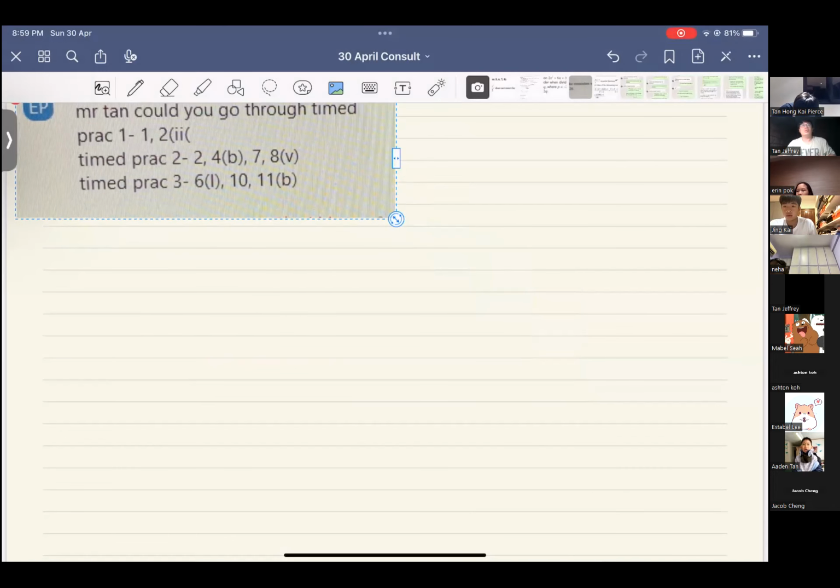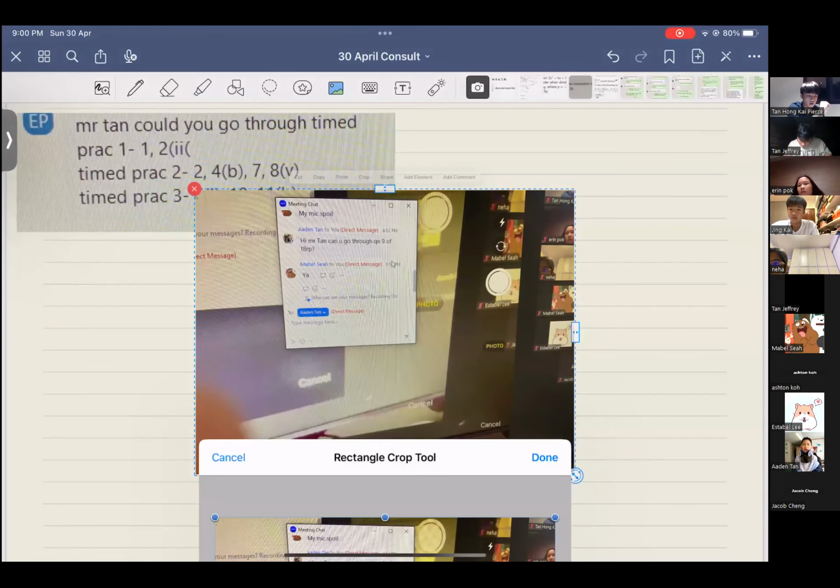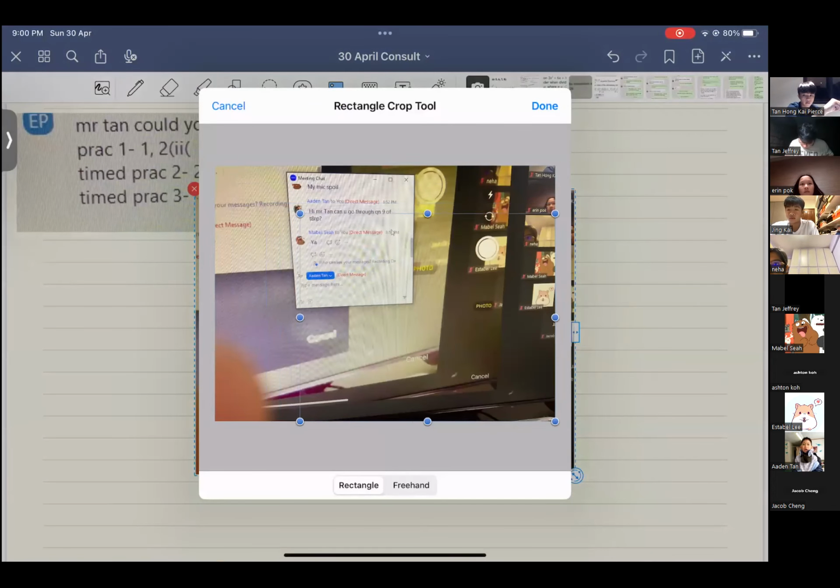Okay, time prep 2. Okay, topic 7, assignment. Wow, assignment. Now don't do assignment, I'm going to do the revision package. Question 9. So sorry to keep you all waiting. Okay, so we try our best. Can also try not to rush.